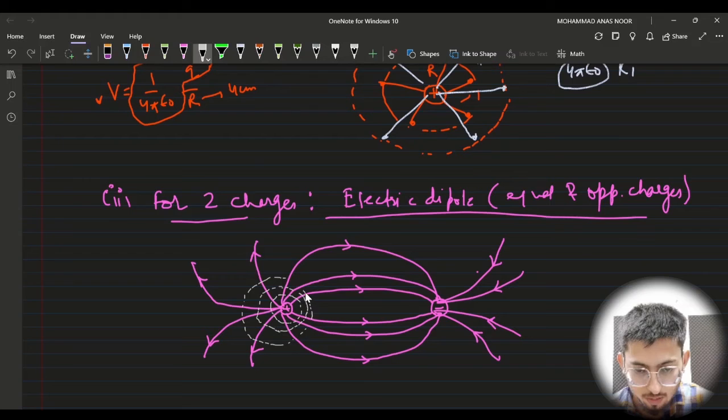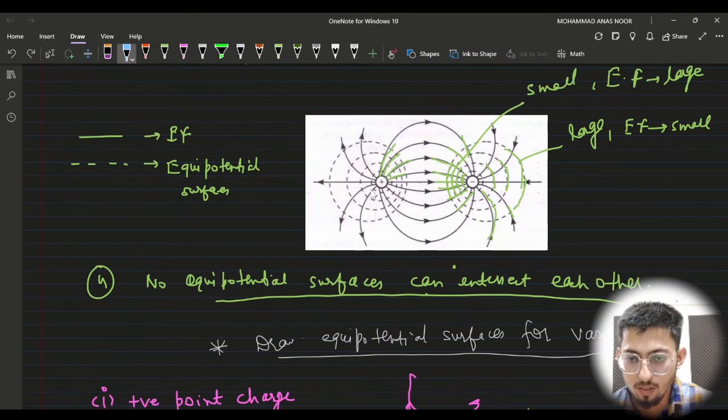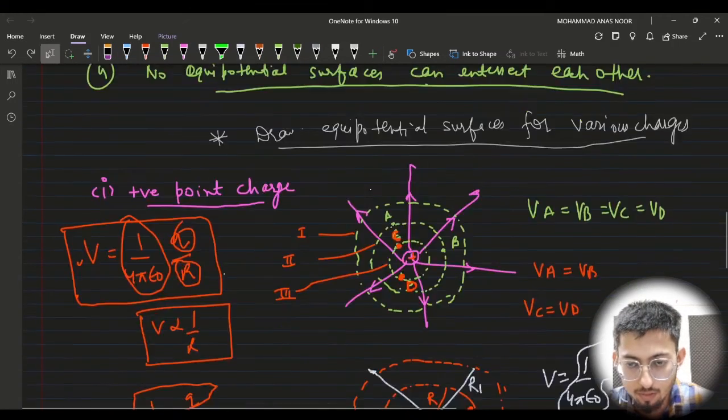As you can see, they are closer together inside, in the region between the two, the line joining the two charges. I'm talking about this region. In this region the equipotential surfaces are close together, and in this region they are wide apart. The reason I told you earlier.